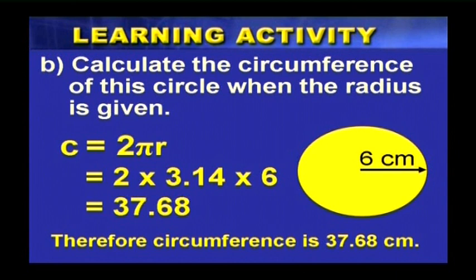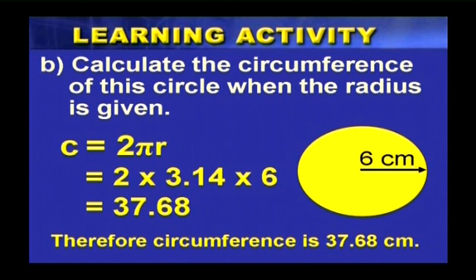My radius here is 6 centimeters. Looking at it, how can it be calculated? 2 times pi, 3.14, times 6, the radius. And the final answer is 37.68.